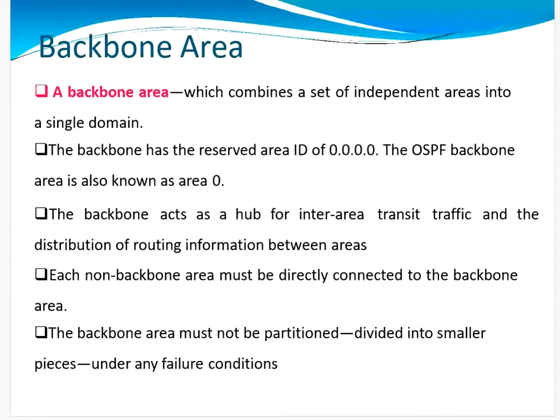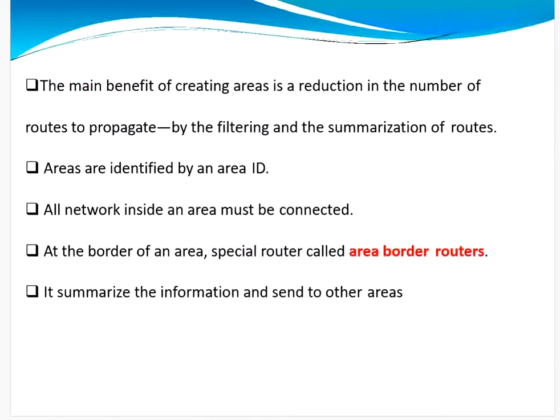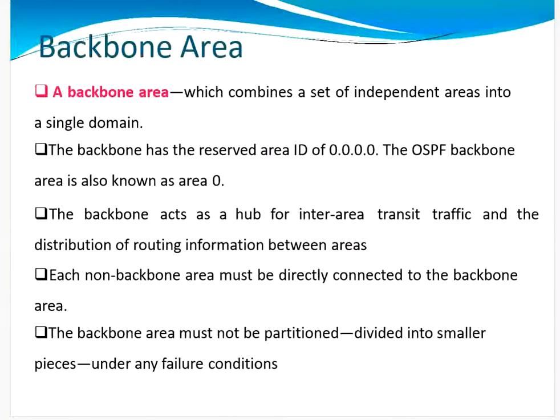We have to know what is meant by the backbone area. As we have seen, at the border of the area there is a special router, the area border router. Generally the backbone area combines a set of independent areas into a single domain.